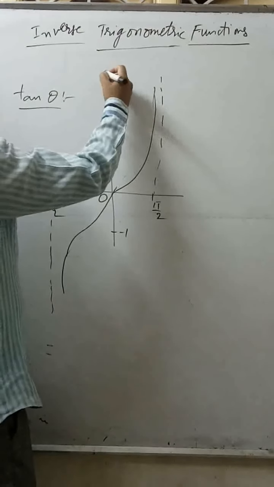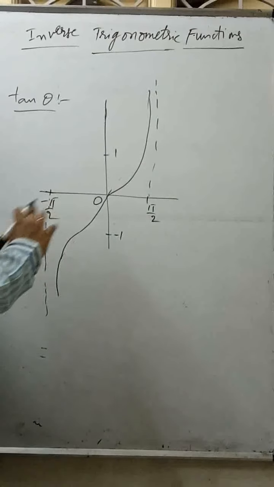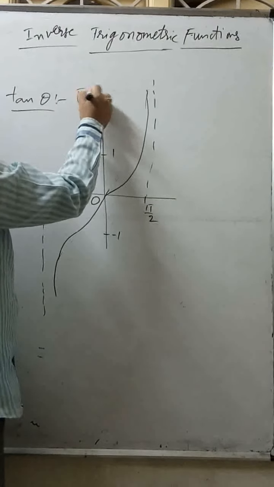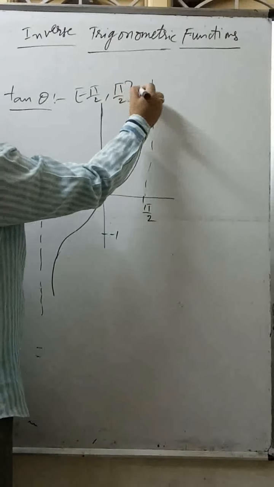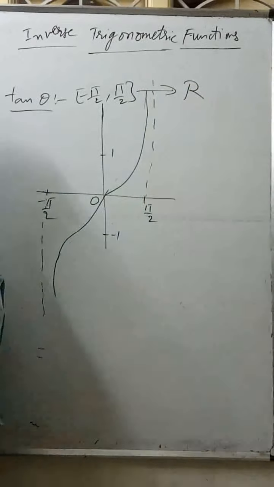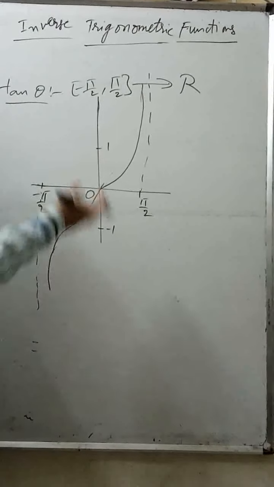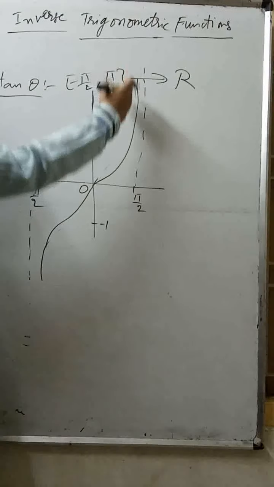So what I want to say is, here the graph is from minus pi by 2 to plus pi by 2. This is the domain, and the codomain is minus infinity to plus infinity, R. So if I take tan inverse, then it is a bijection in these limits.